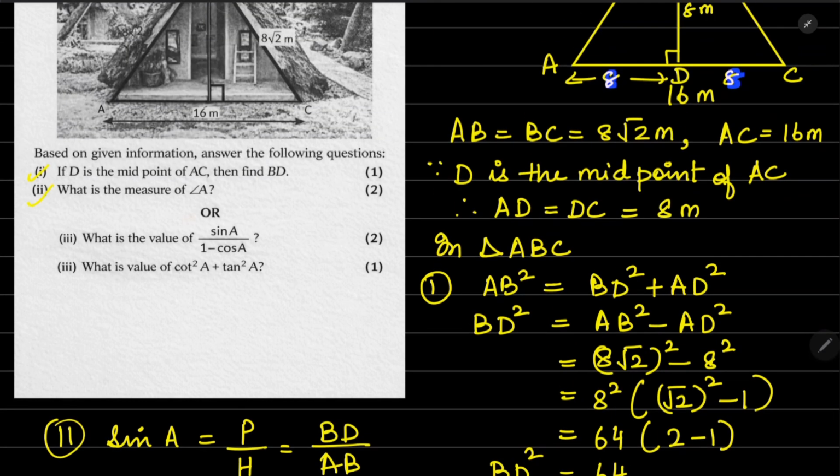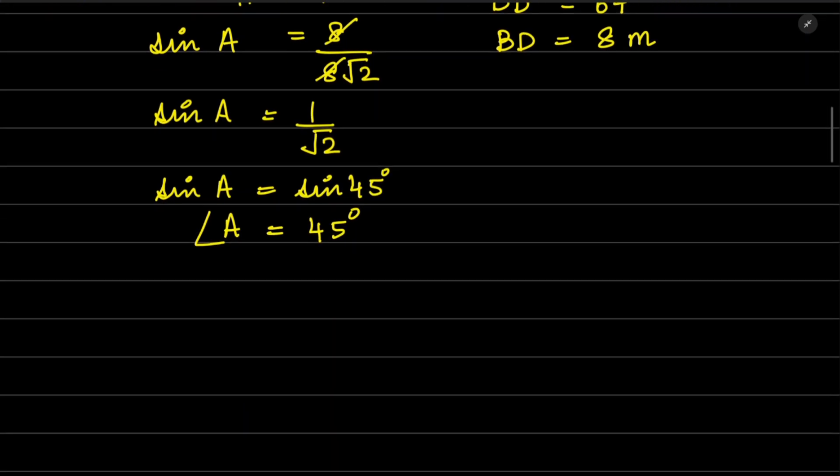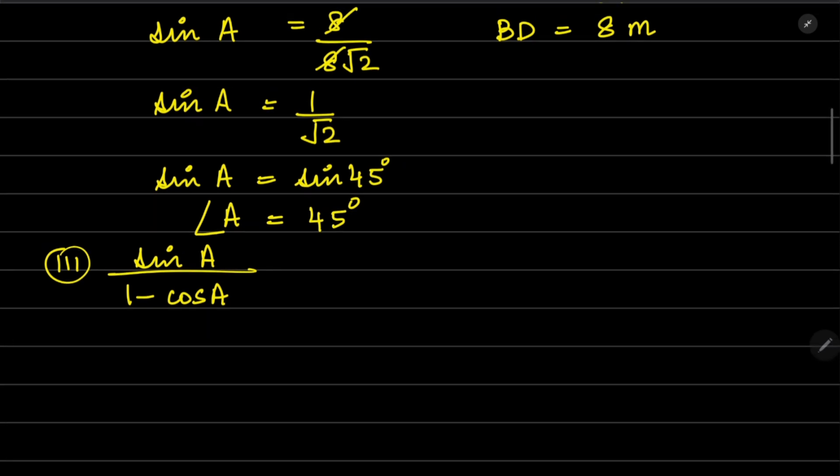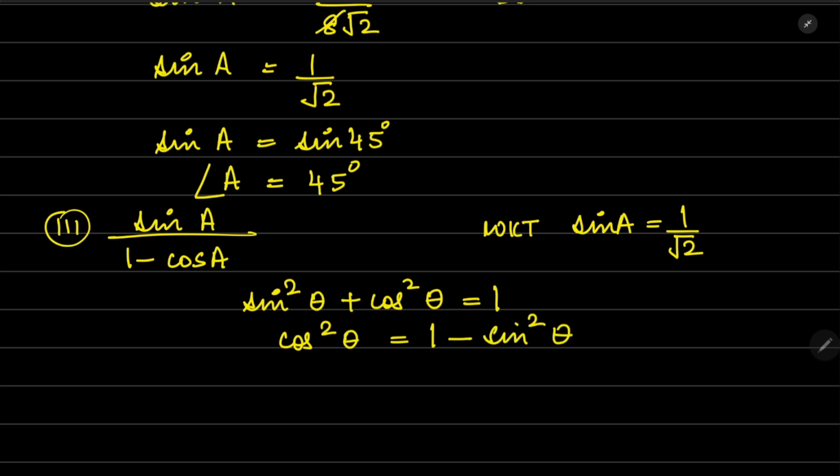Now, for the third one, what is the value of sine A divided by 1 minus cos A? We just calculated sine A is nothing but 1 by root 2. We also have a trigonometric identity, which is sine square theta plus cos square theta is equal to 1. Therefore, cos square theta is nothing but 1 minus sine square theta.